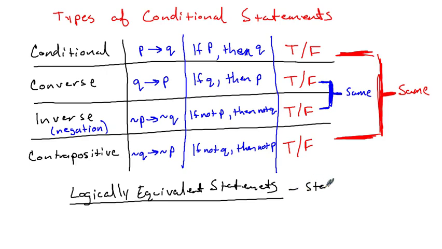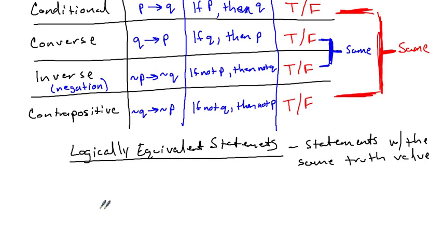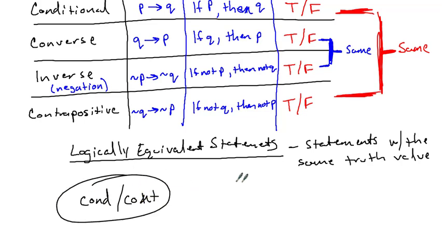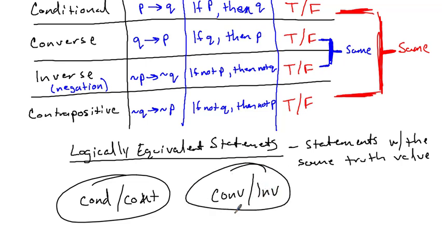And they are statements with the same truth value. Truth value just means true or false. So if you're looking back at your notes, the conditional and the contrapositive are logically equivalent, and the converse and the inverse are logically equivalent.